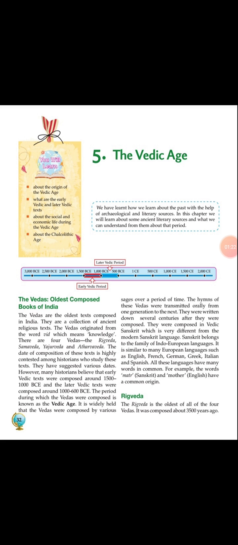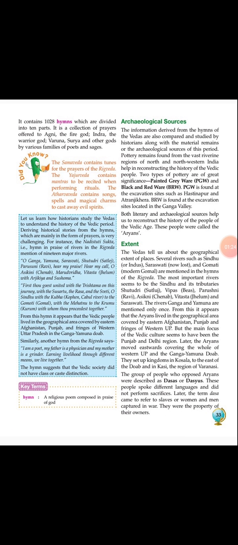Out of the four, the Rig Veda is the oldest text. The Rig Veda has 1028 hymns divided into 10 parts, and it contains many prayers offered to Agni, the fire god, Indra, the warrior god, Varuna, Surya and other gods.